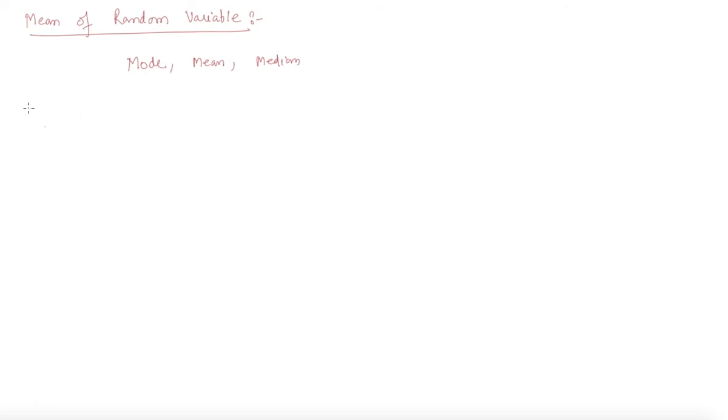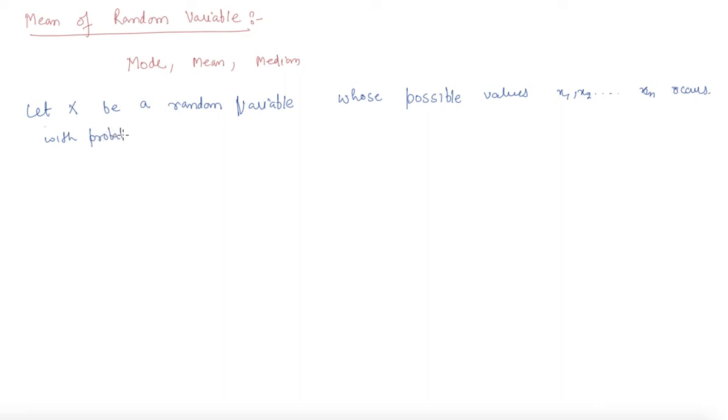So let x be a random variable whose possible values x1, x2 up to xn occur with probabilities p1, p2, p3 up to pn respectively.